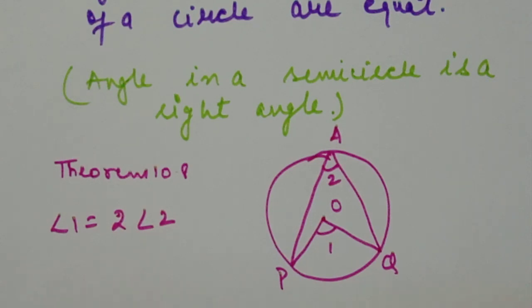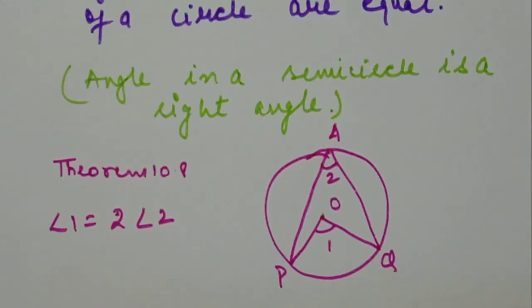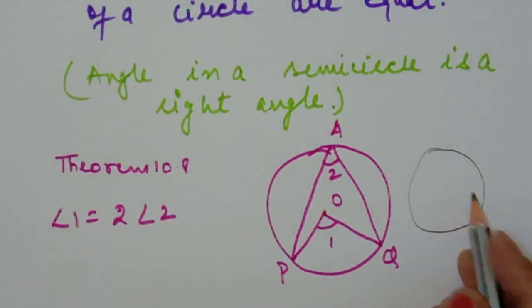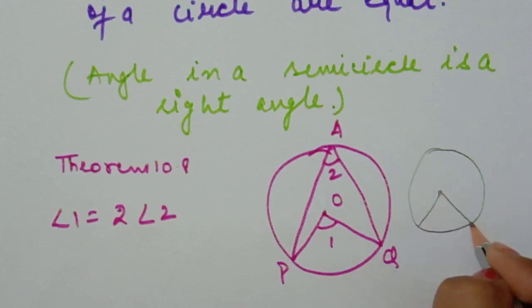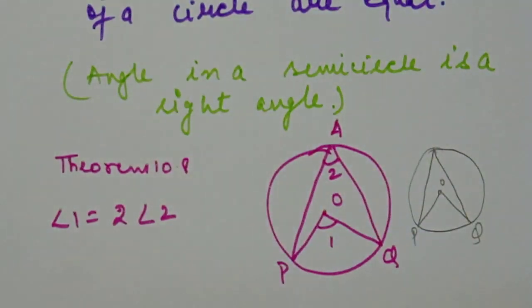Now what is the meaning of two angles present in the same segment? So students, arc PQ, first of all you have to understand what is the meaning of an angle present in the same segment. If we have a circle like this, and this is an angle made at the center of the circle, and this is another angle made on the remaining part of the circle.